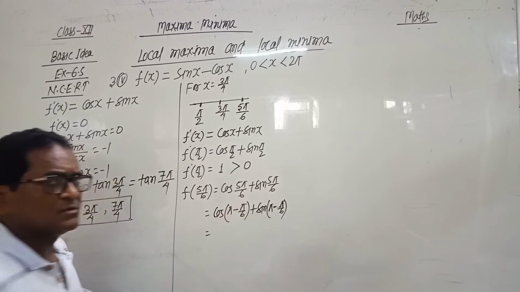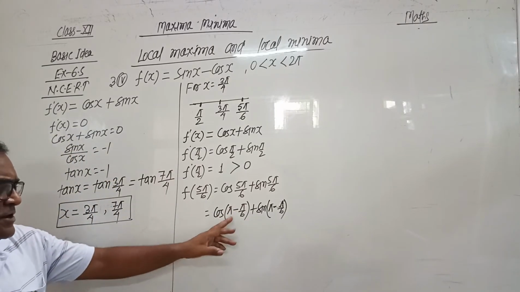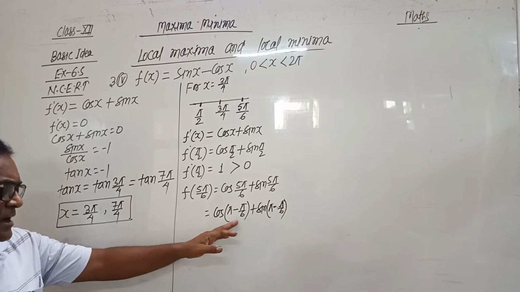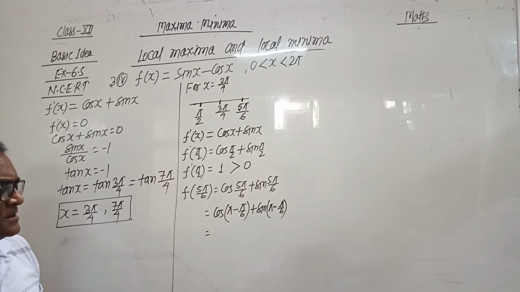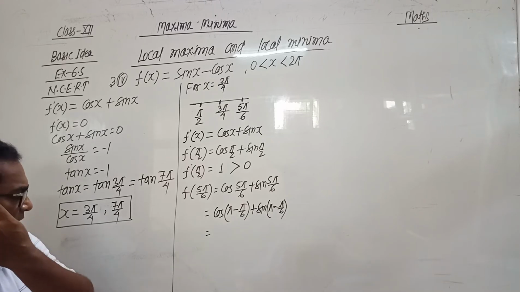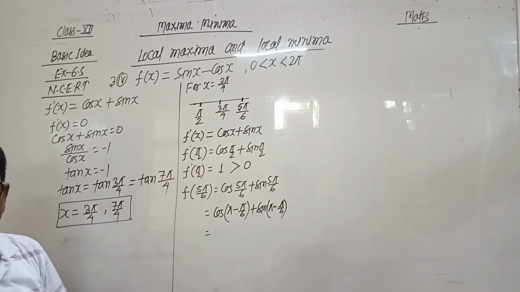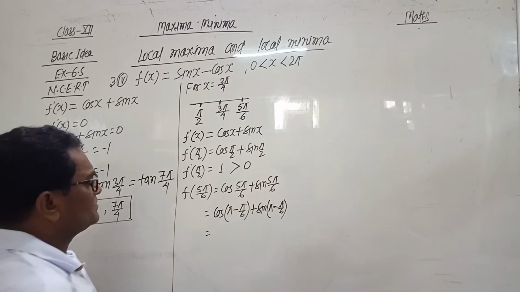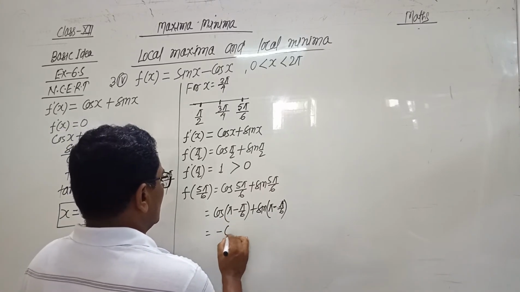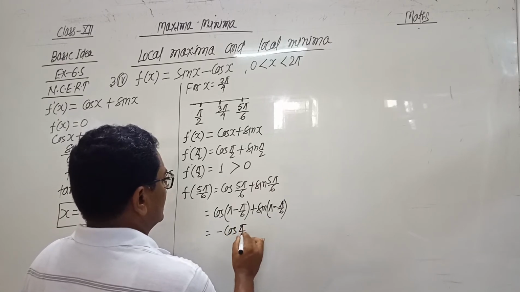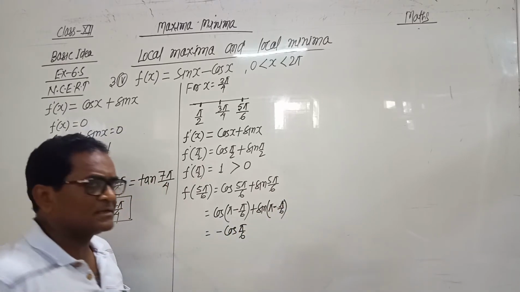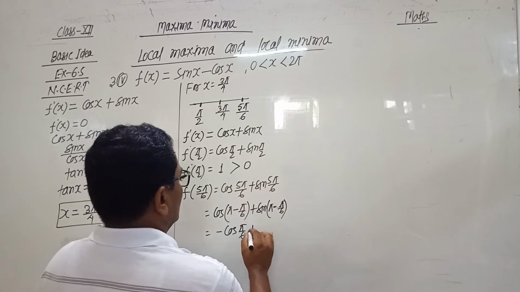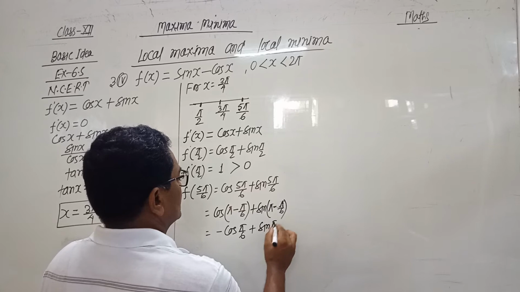So cos 180 minus theta. Cos pi minus theta lies in the second quadrant, and in the second quadrant the value of cos is negative. So cos pi minus pi by 6 is minus cos pi by 6, and sin pi minus pi by 6, in the second quadrant sin is positive, so it gives sin pi by 6.